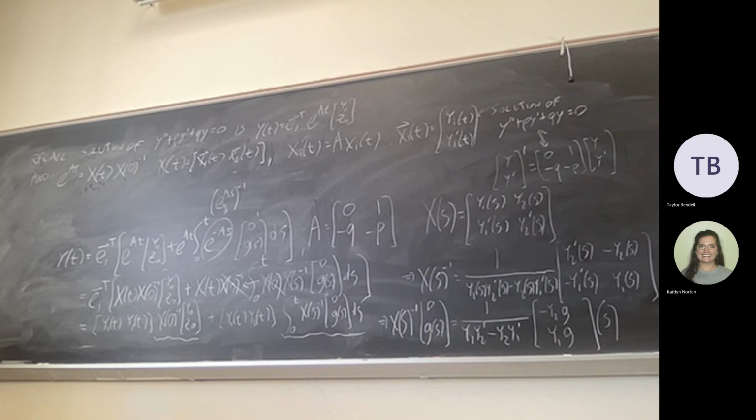Now, this expression in the denominator, y1 y2 prime minus y2 y1 prime, comes up often in intro ODE classes. It has a name. Does anyone happen to recall what that name is?